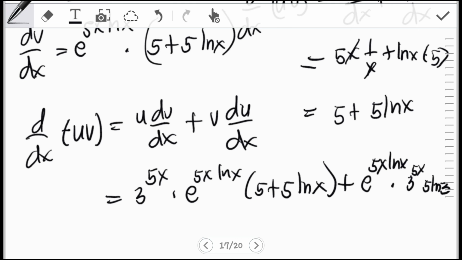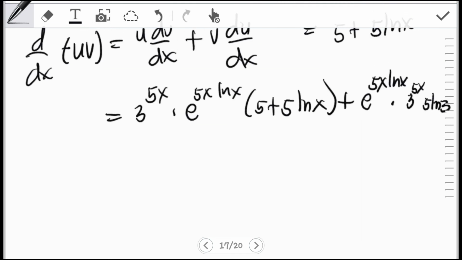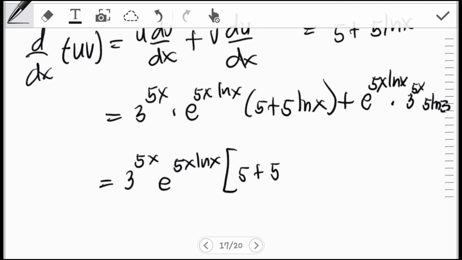So simplify. That is 3 to the power 5x and then e to the power 5x ln x, and then 5 plus 5 ln x, plus 5 ln 3.